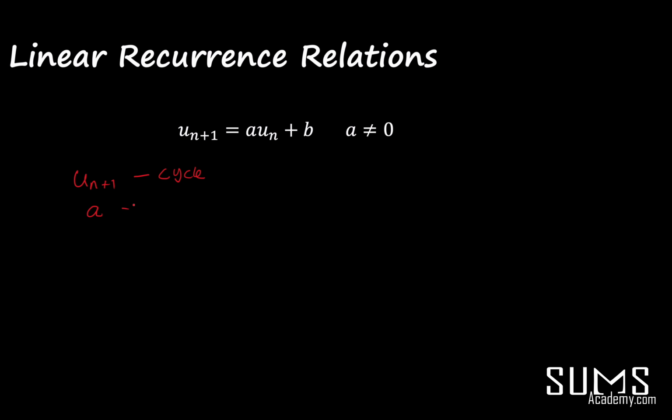A is the rate. So this could be the interest, growth, loss. And b is just the amount that might be added each time.